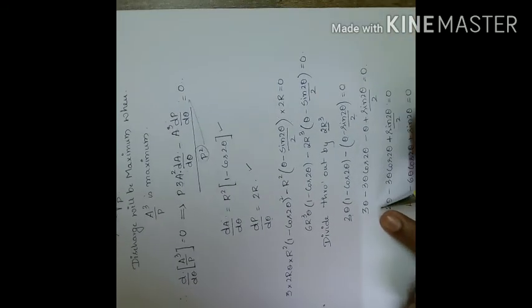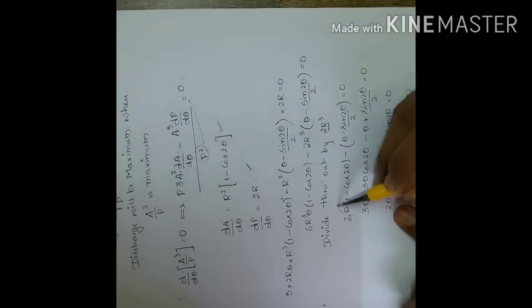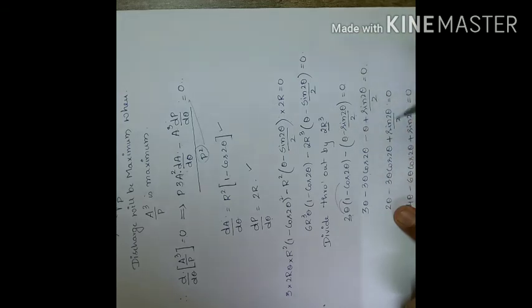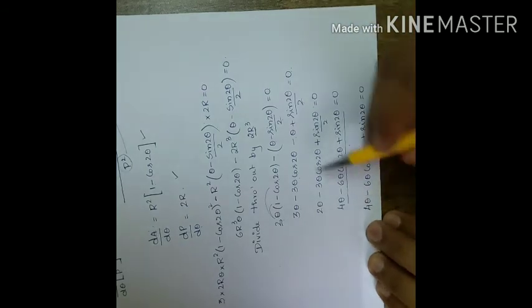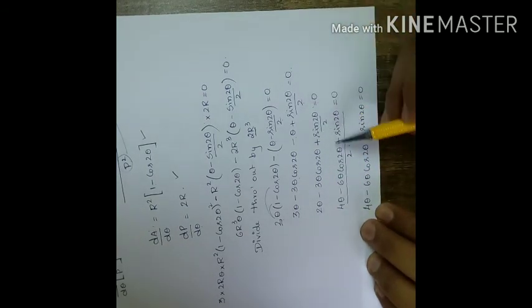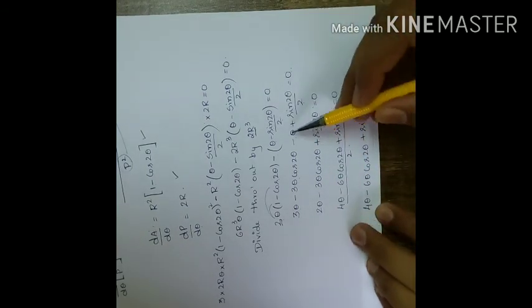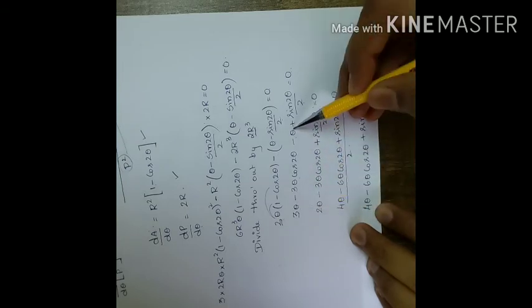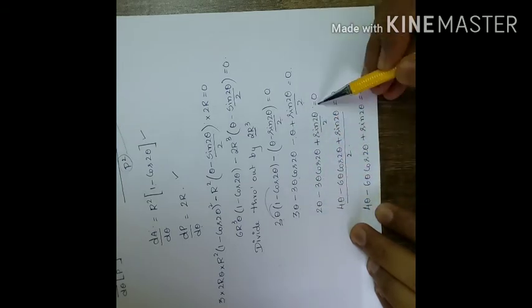Now the next step, I need to multiply into the bracket here. So this value will be multiplied: 3 theta cos 2 theta minus theta plus sin 2 theta by 2 is equal to 0. Calculating this, 3 theta minus theta will become 2 theta, and the remaining will be kept as it is.